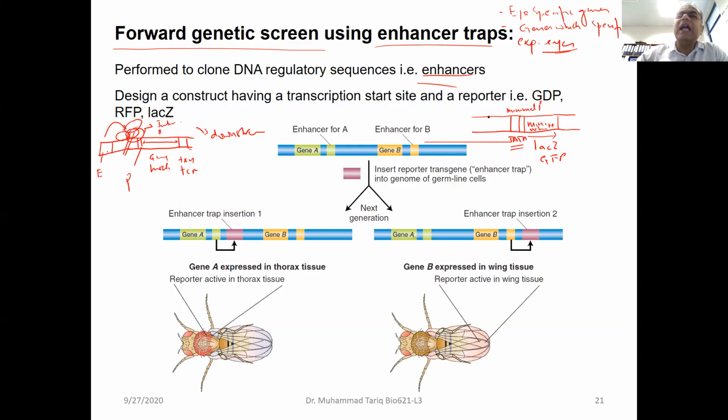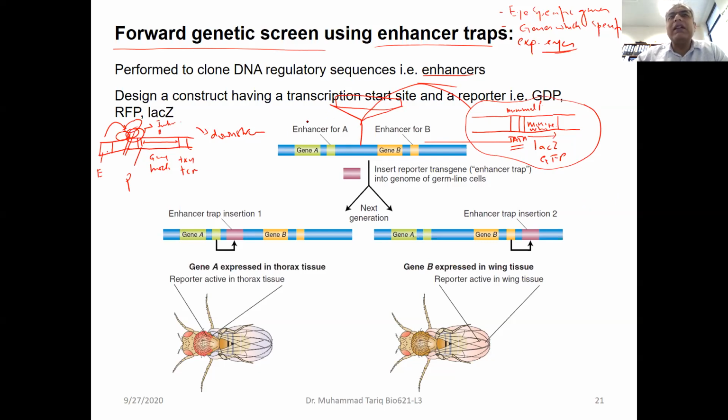However, if through P element mediated transformation this construct lands somewhere near an enhancer, for example, it integrates here, now it is close to the enhancer.